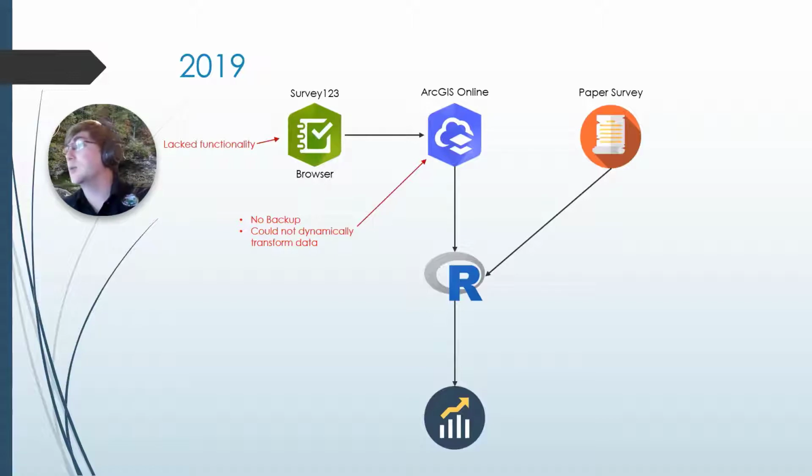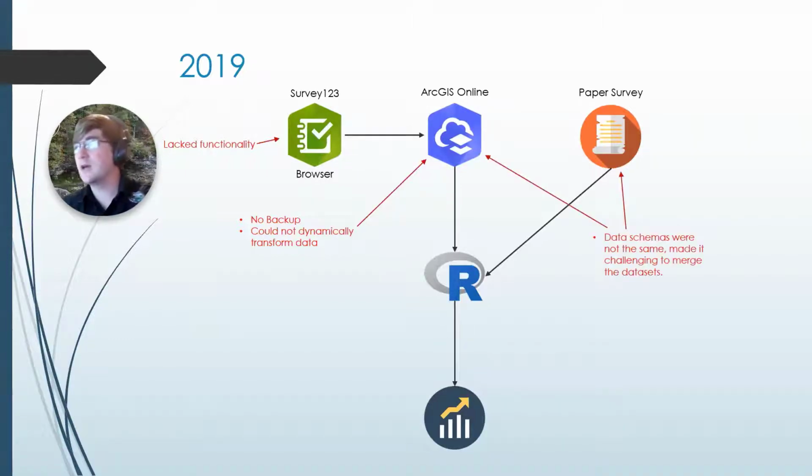Also, we couldn't dynamically transform the data, like referring more to a view or something in the database. And then, more of a hindsight 2020 on our end, we didn't have similar schemas between our paper survey and our ArcGIS Online survey. And so that really added a bunch of extra code to make those match up.